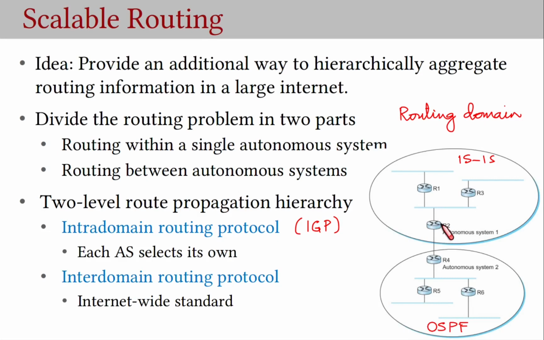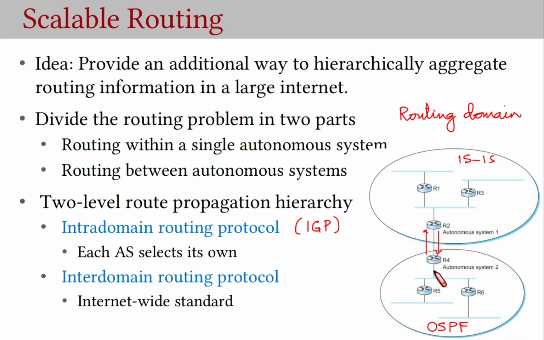And the routes that are learned, for example, within this autonomous system 1 could be propagated by this router R2 to this router R4 in autonomous system 2, and vice versa. So this router R4 can propagate the routes learned inside autonomous system 2 to this router in autonomous system 1.